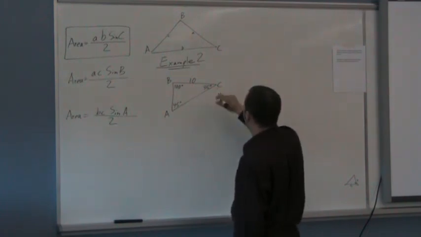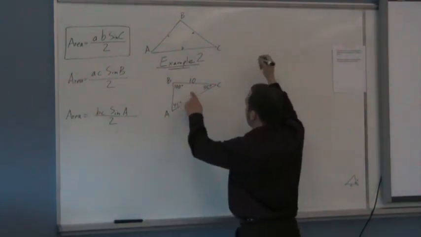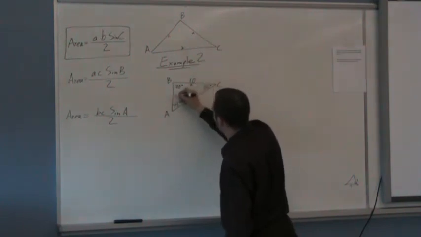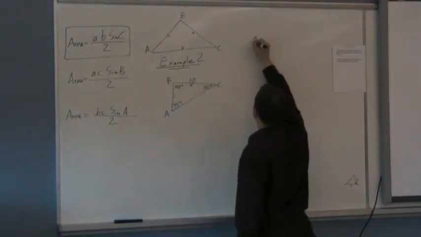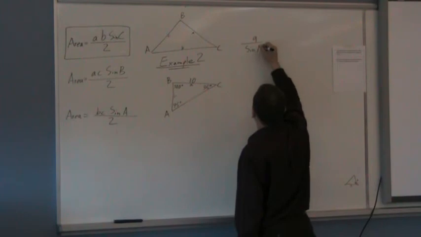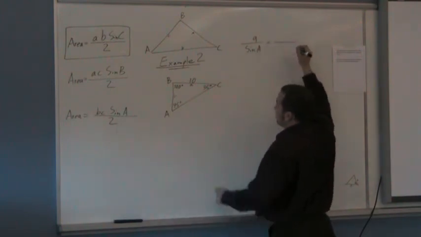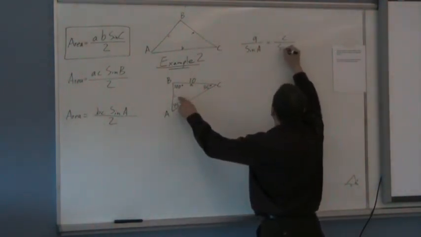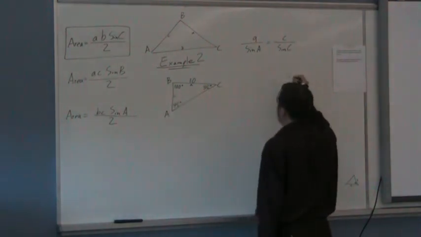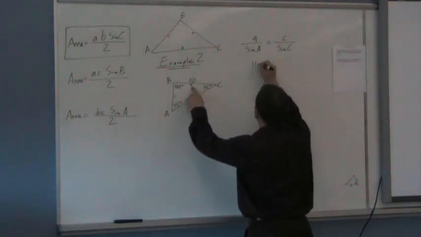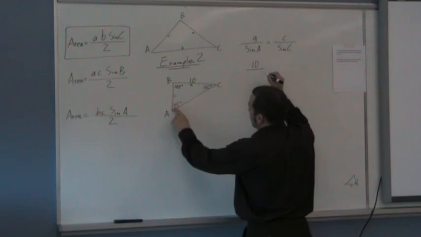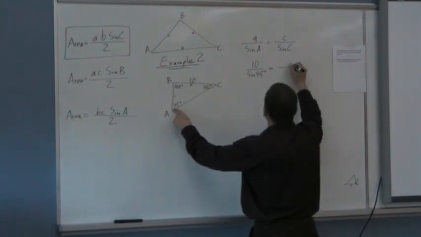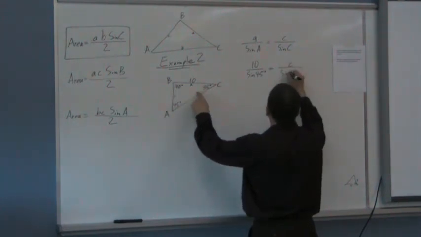So let's use the sine law. I've got A over sine A is equal to C over sine C. And so I fill in the information: 10 over the sine of 45 is equal to C, my missing side length, over the sine of 35.